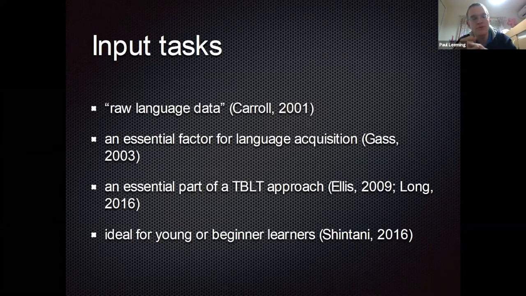It could be in the form of listening, or it could be in the form of reading. But input tasks are very much focused on providing students with the language that is so necessary for language acquisition.